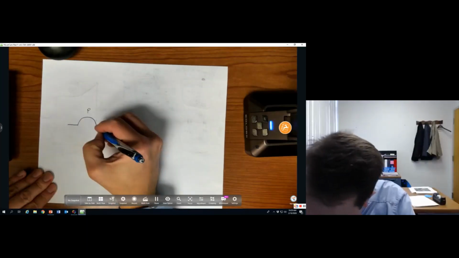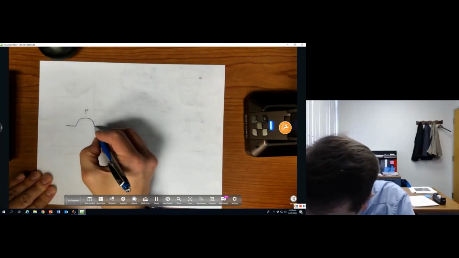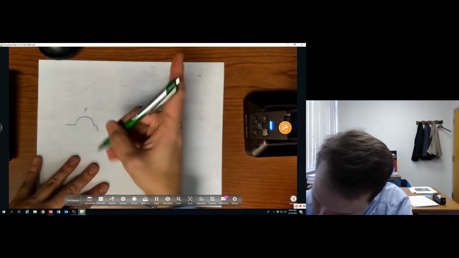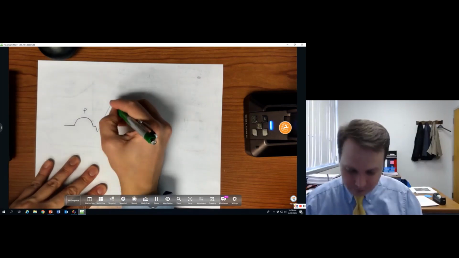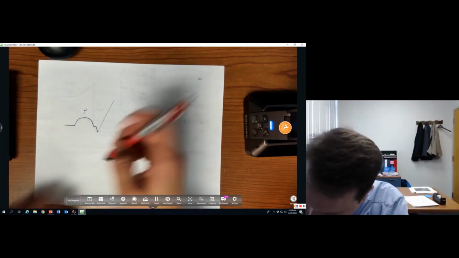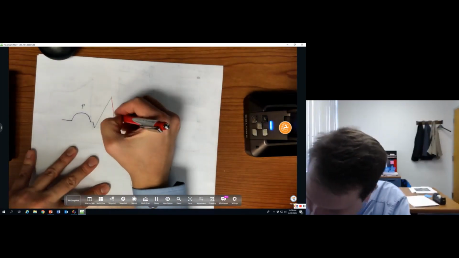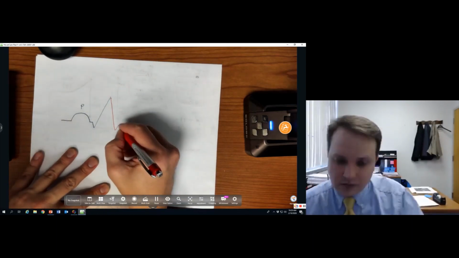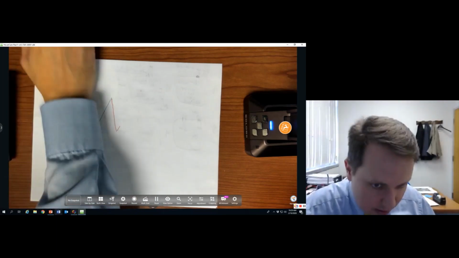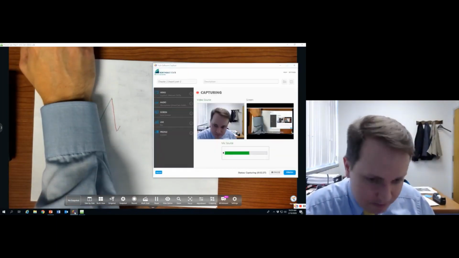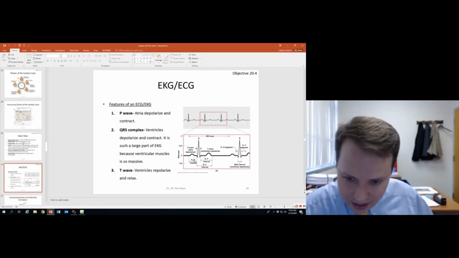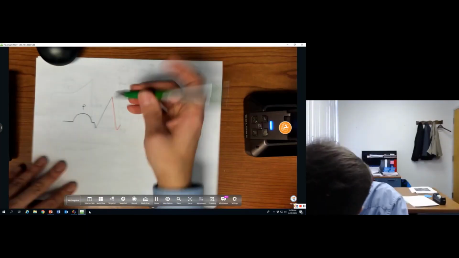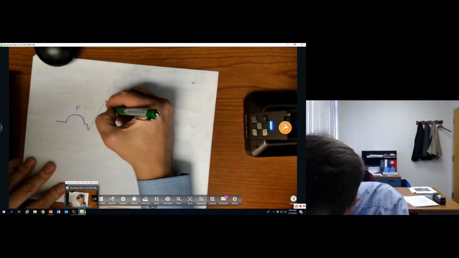You're going to have a Q, R, S. Sorry, I should have drawn over that. Oops. And what I should have done here is use green. I apologize. I wasn't used to using multiple colors to do that.